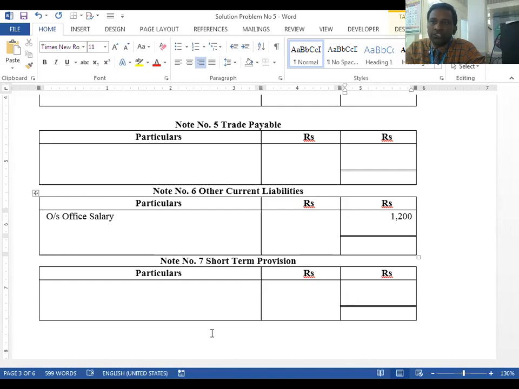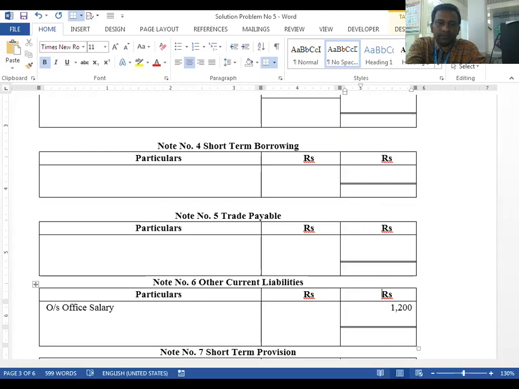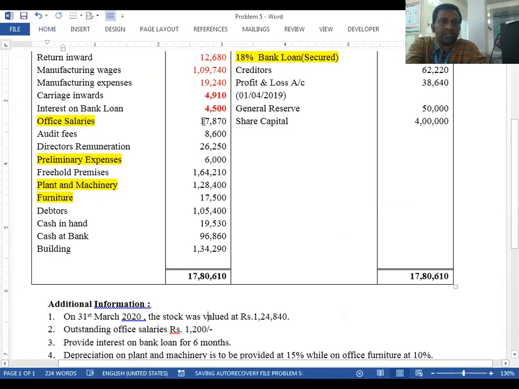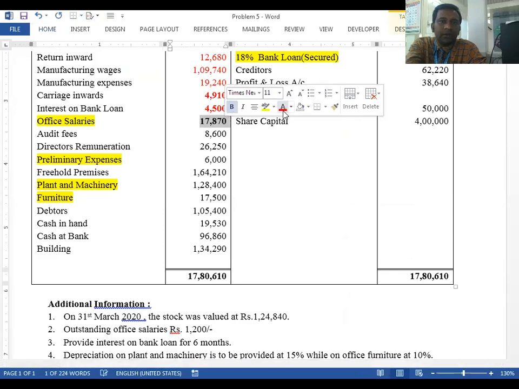If you have no doubt, then send me a message saying no, I have no doubt. Okay, no doubt. Then next item, office salary. It is completed now.